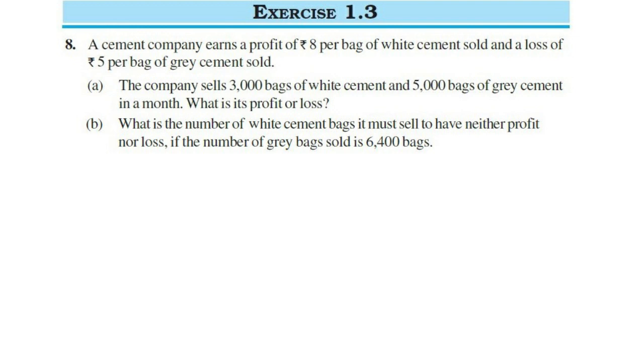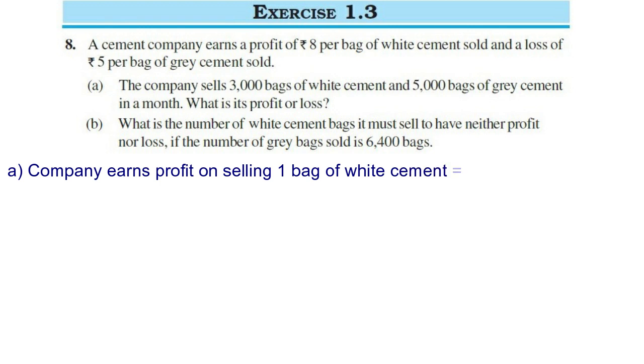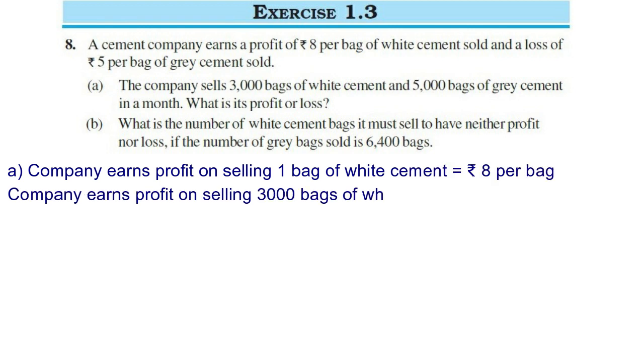Okay, first we go to the white cement portion, where the company earns profit 8 rupees per bag, and for 3000 bags sold, the total profit equal to 3000 into 8 equal to 24,000. And the company's loss on selling one bag of grey cement is equal to minus 5 per bag.